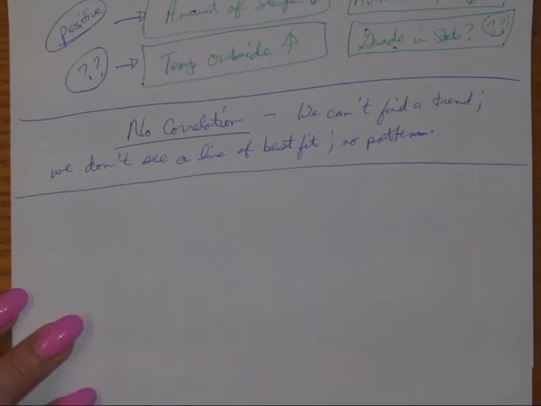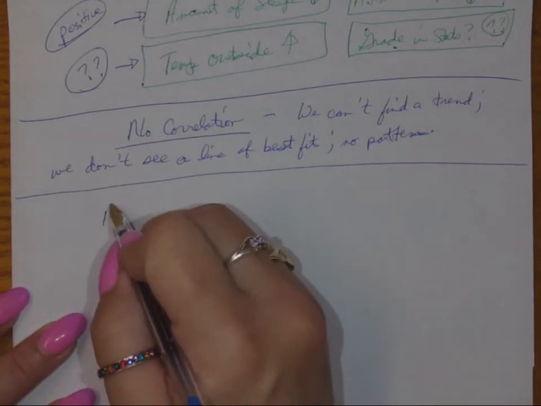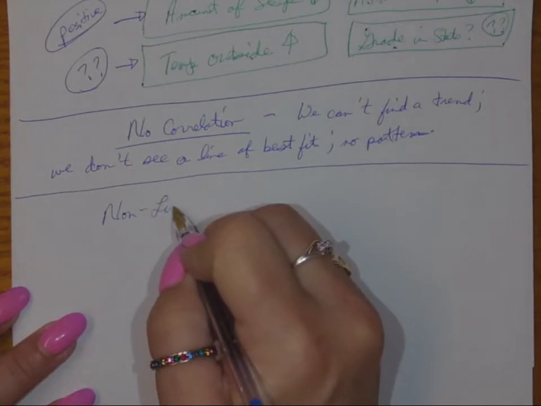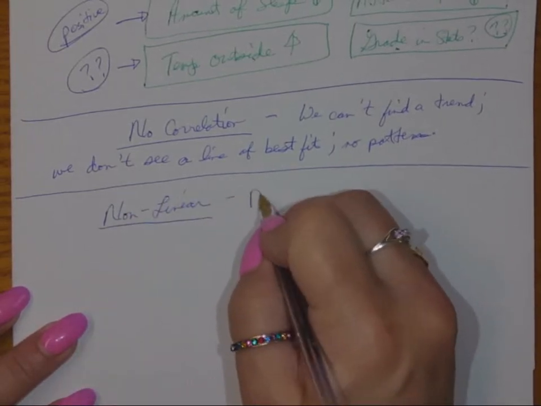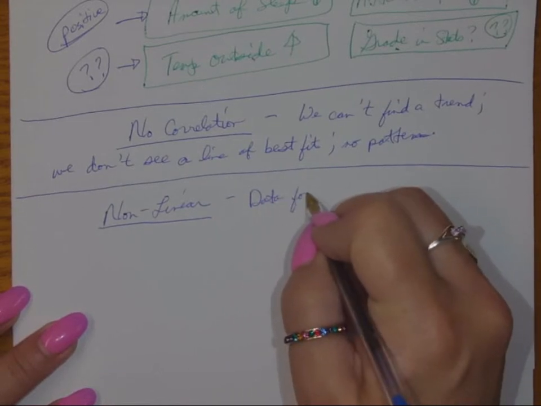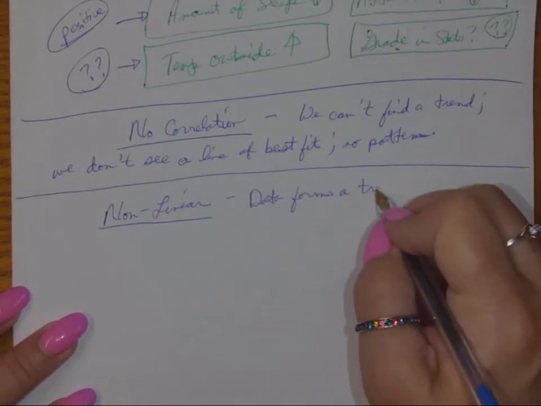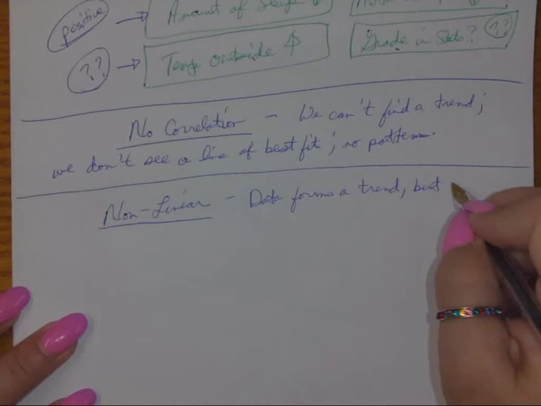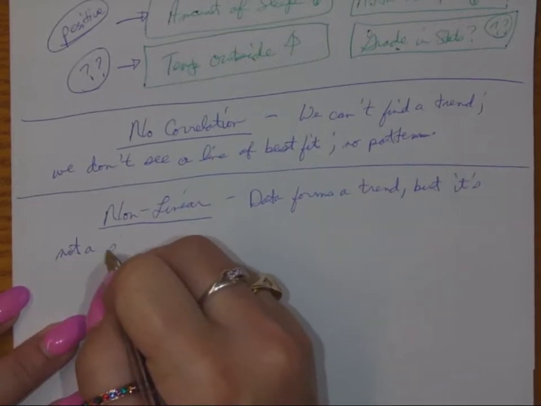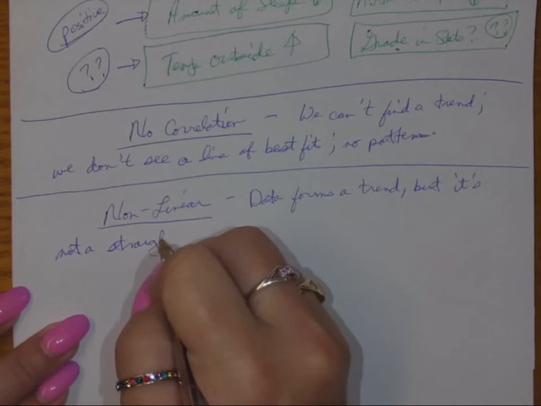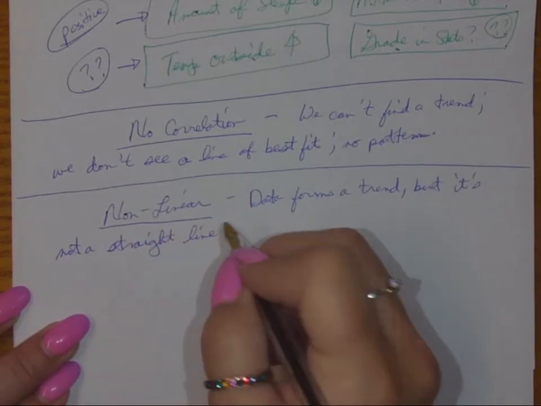Okay. And then the other option that happens a lot is maybe it's nonlinear. Okay. So linear means line, right? So the data forms a trend, but it's not a line, not a straight line. Okay, so that's something that could happen.